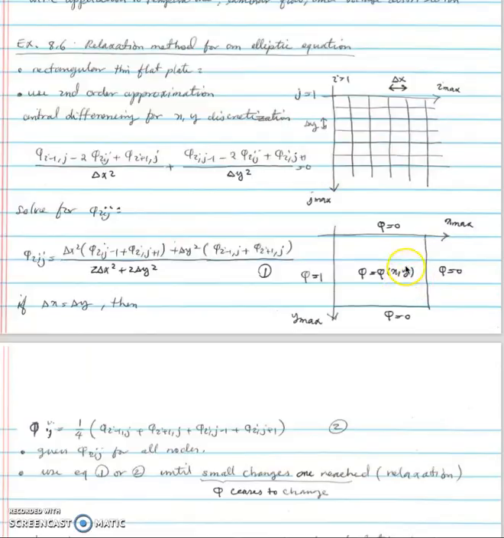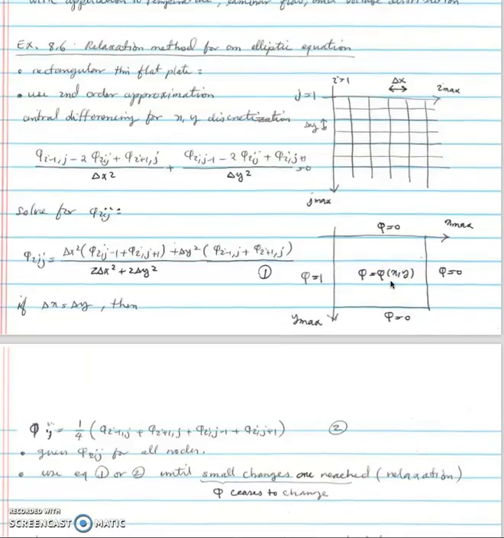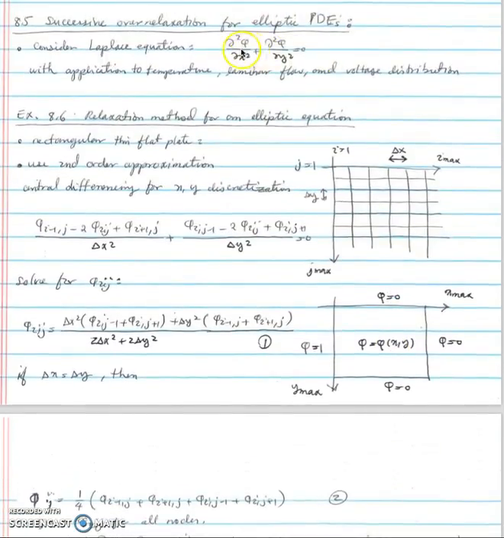And the goal is to solve for phi inside the domain such that it satisfies this second order differential equation, which is called the Laplace equation. If you want to know what this physically means, it is basically a rectangular plate where you apply some voltages around it.